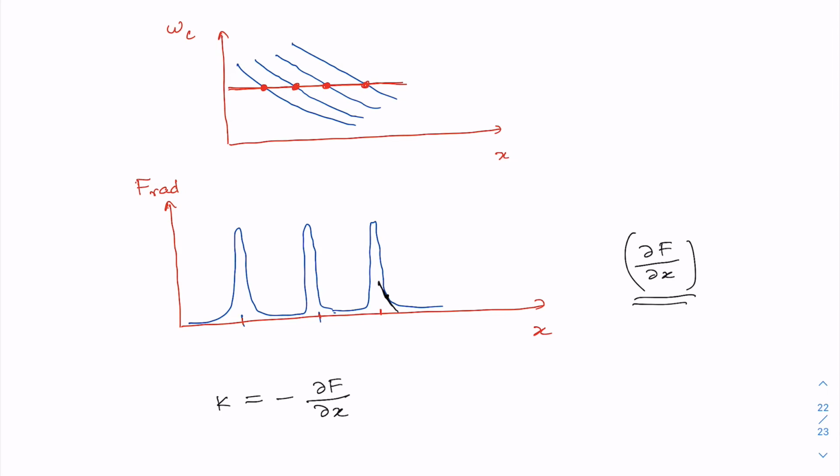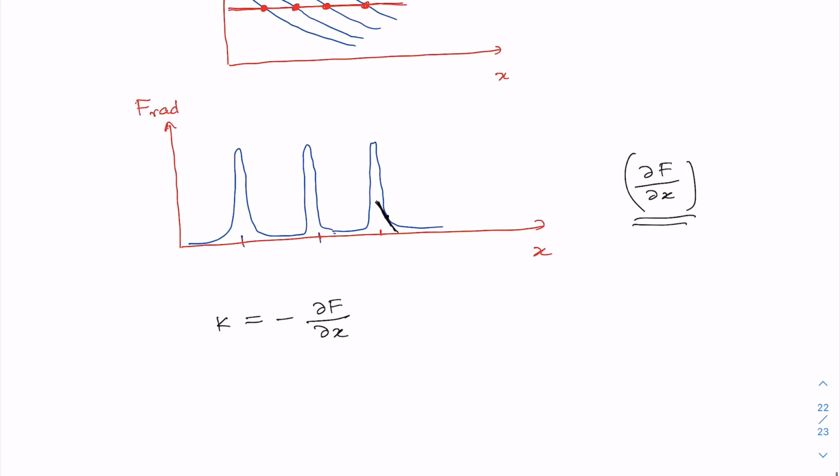Now as the mirror is moving towards the right, we have a force pointing to the left. And this force linearly increases in amplitude as we move the position. So this is exactly the effect of a mechanical spring.